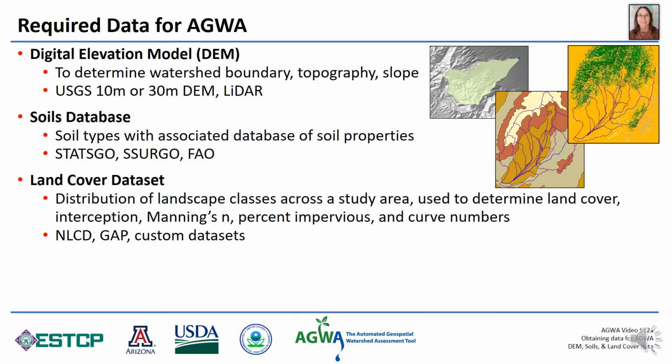You'll also need a land cover data set that shows the distribution of landscape classes across your study area. It's used to determine the land cover type, interception value, Manning's n and surface roughness, percent impervious surface, and curve numbers. NLCD or GAP data can be used, or you can create a custom data set if you have the required data.